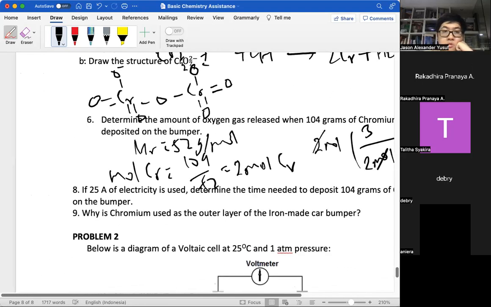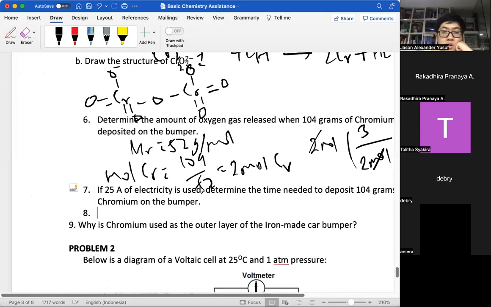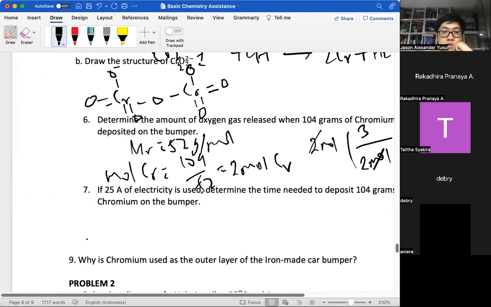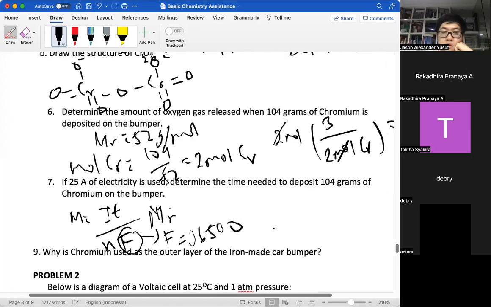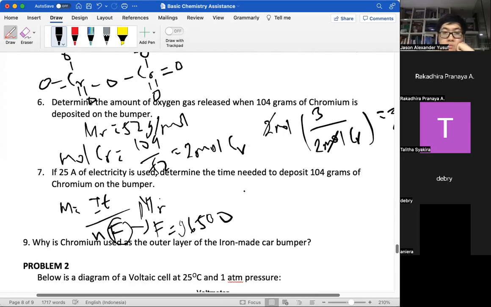Okay, now we move on to the next part. And this one is also involving calculations. This is the formula that we use, which is mass equals ItMr over nF, in which F is a constant known as the Faraday constant, which is 96,500. For the mass, we just put 104 equals 25t over how many electrons are used?